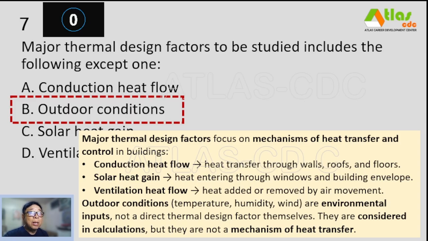And ventilation heat flow is the heat added or removed by air movement. Outdoor conditions, on the other hand, like temperature, humidity, and wind, are environmental inputs, not a direct thermal design factor themselves. They are considered in calculations, but they are not a mechanism of heat transfer.